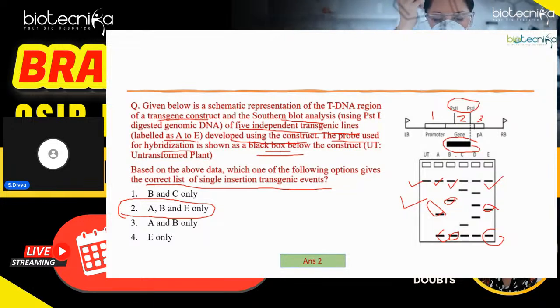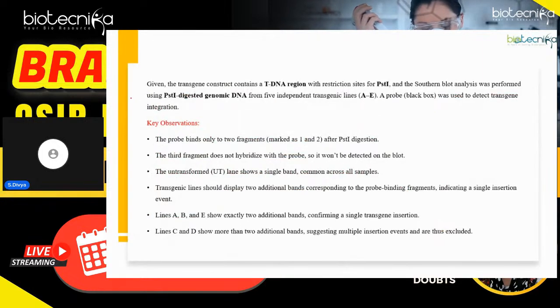That's the reason C and D are eliminated from the given options. See, the given transgenic construct contains a tDNA region with restriction sites for PST1, and the southern blot analysis was performed using PST1 digested genomic DNA from 5 transgenic lines, that is A to E.